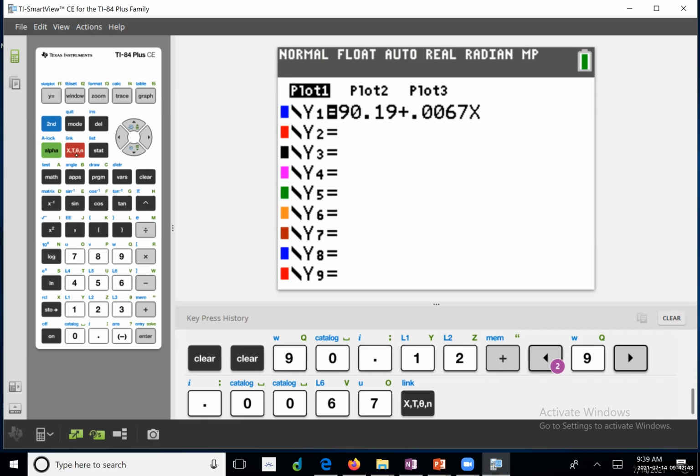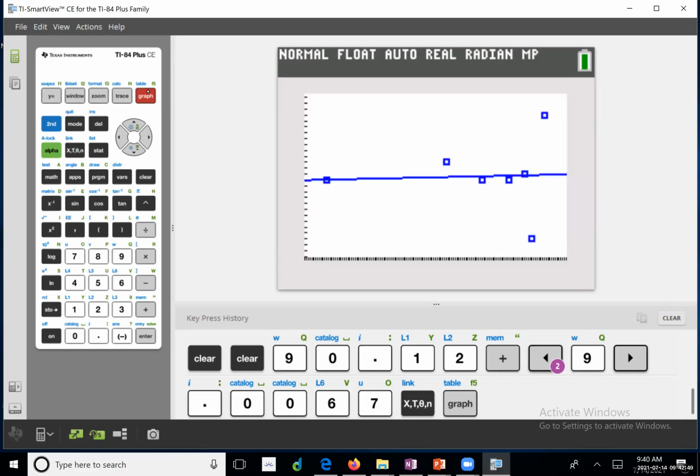So we put in the values and now we go to graph. Do you see this is the line of best fit? Still a lot of points away, but this is the line of best fit for this set of data, if that makes sense.